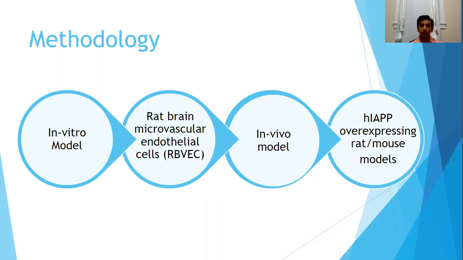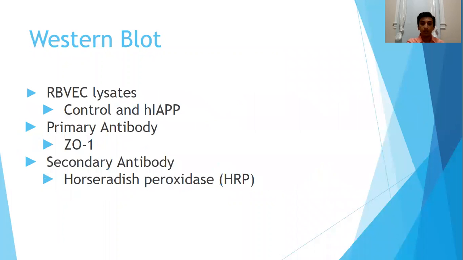These animals were then bred and genotyped, and some of the organs, like the brain and pancreas, were collected and frozen for further experiments. PCR was mainly used for genotyping, and it was also done for additional cell signaling proteins involved in blood-brain barrier damage. For the Western blot, the RBVE cell lysates were used, and the protein concentration was quantified by a BCA.